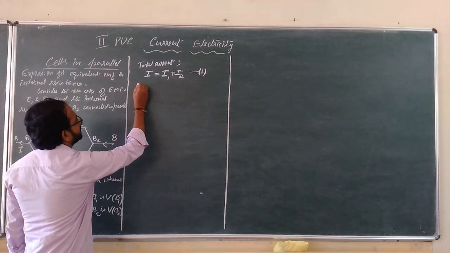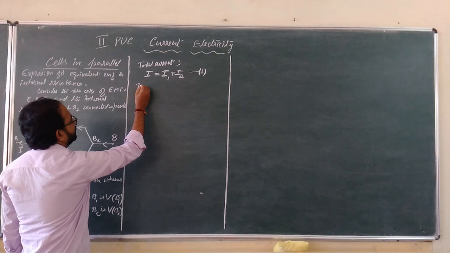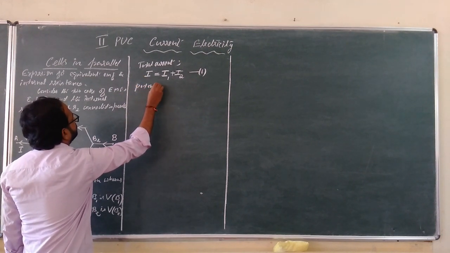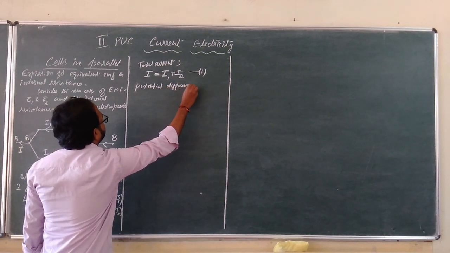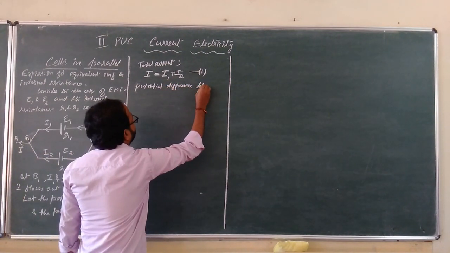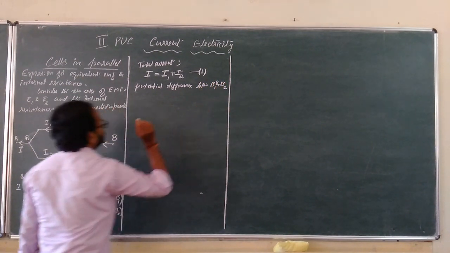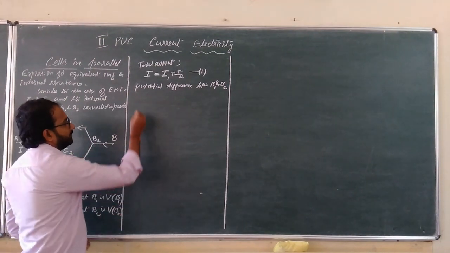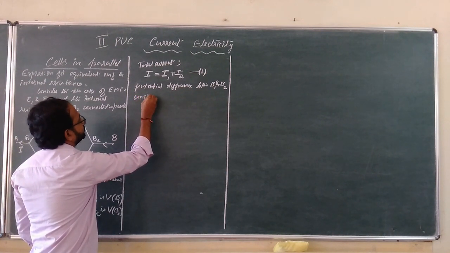So I calculate the terminal potential difference between B1 and B2 by considering the first cell.